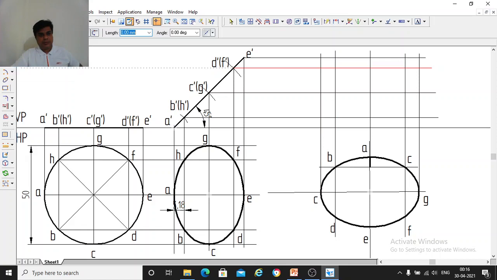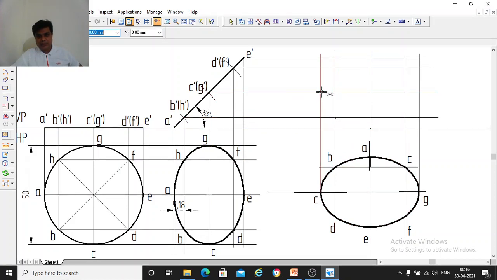So you take the first point A and A dash is here. So they will meet at this point. So this is the new point A dash, new front view A dash. Similarly B is here, B dash is here, so this will be your new point B dash.